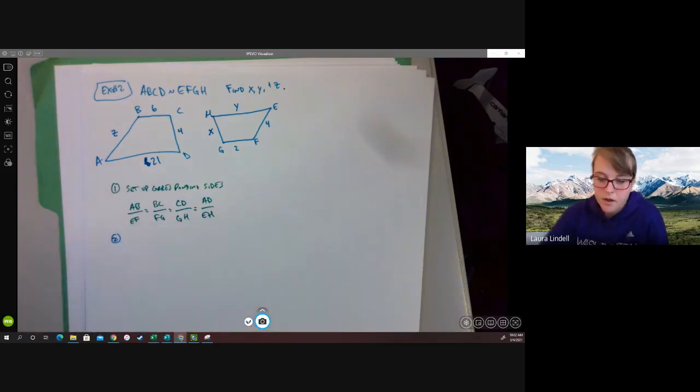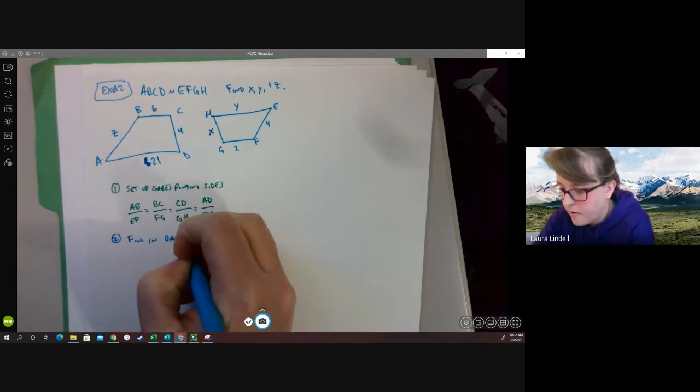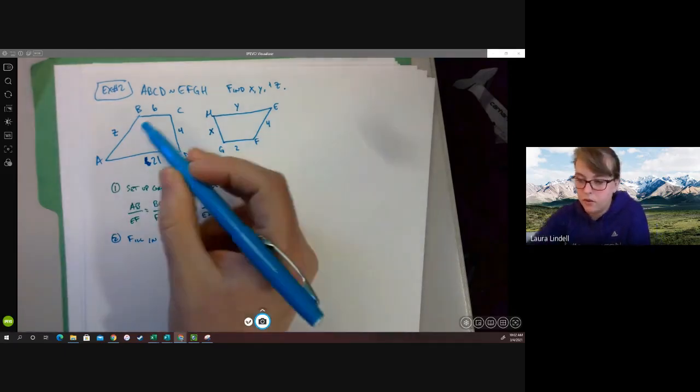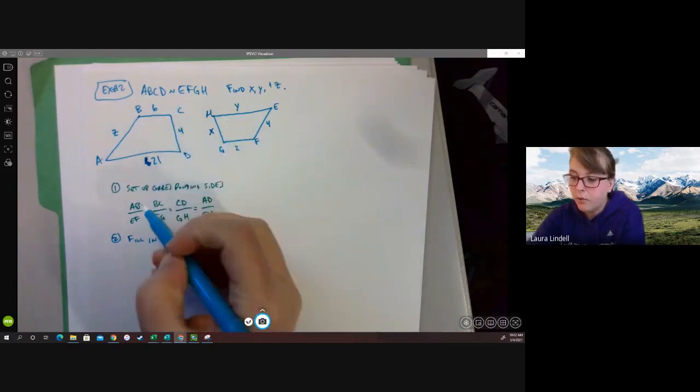Then we want to fill in the ratios. So with whatever we're looking for, or with whatever we've got labeled on the sides up here, we want to fill those in.